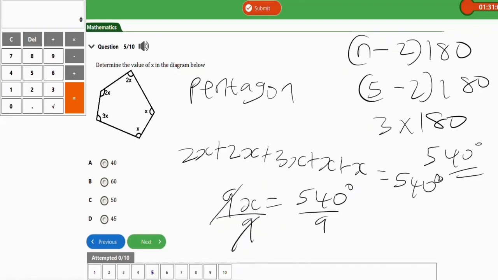When you punch on this JAMB calculator, 540 divided by 9, you're going to have the output to be 60. So the value of x in this pentagon is 60. So that's it for this question. Alright, now let's wipe this and solve the next repeated question for this topic.